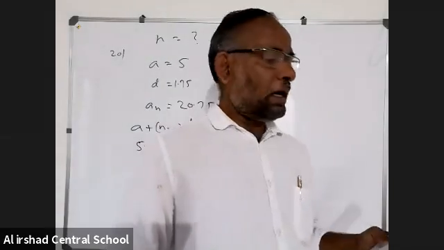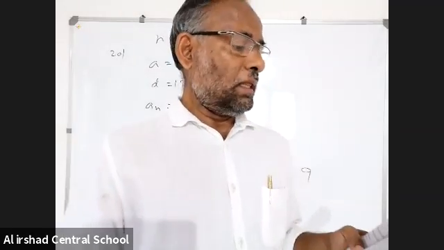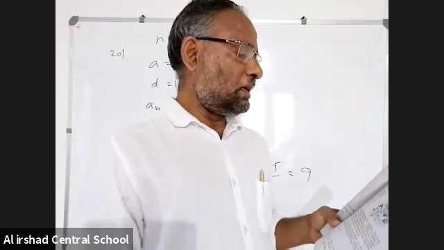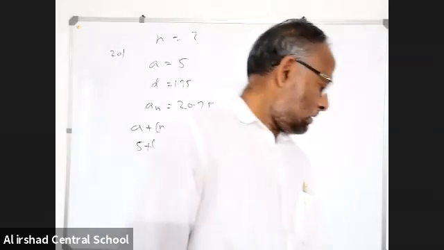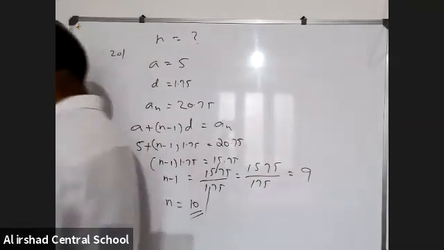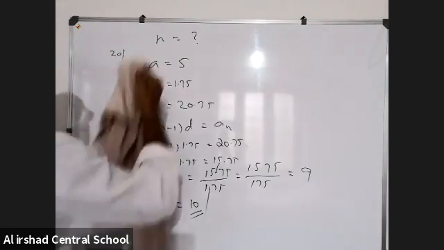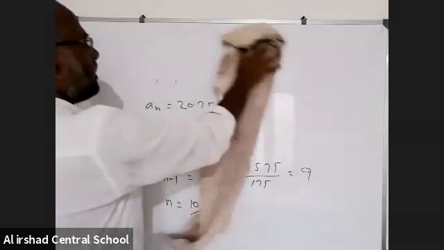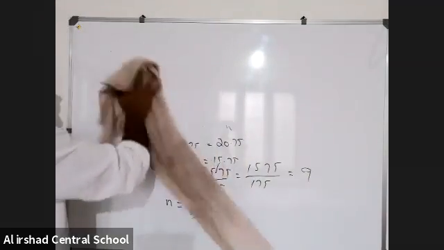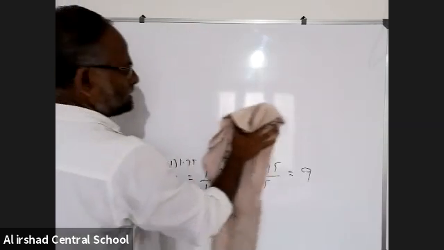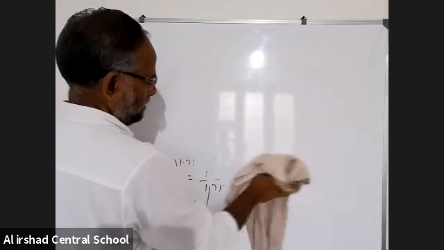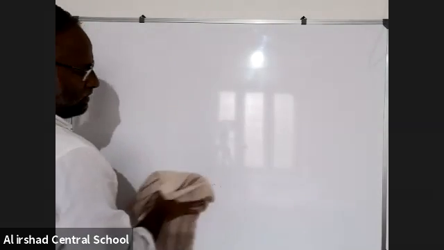Page number 107. You are on the page, I think. Sum of first n terms of an AP. Write the heading. You tell me what is the difference. Till now, what we studied? An. What is an?